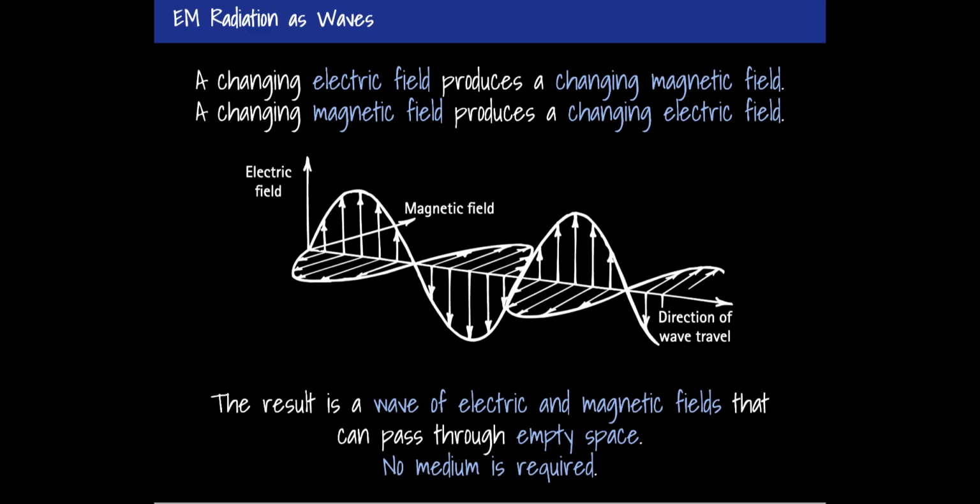Water waves do not because there is no water. In the case of rope waves, sound waves, water waves, there is a medium through which the waves travel. Electromagnetic waves, because of the relationship between the electric and magnetic field, do not require a medium to travel. They travel through the vacuum of space.